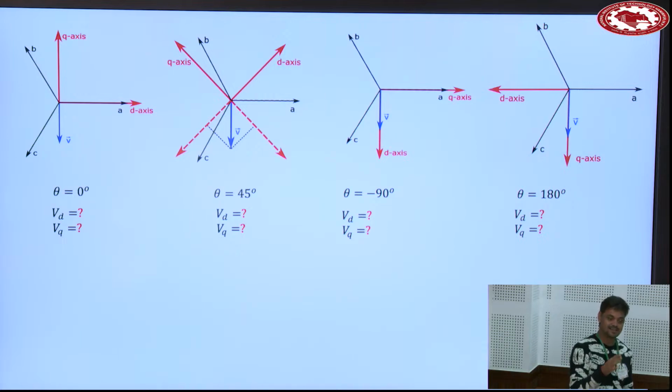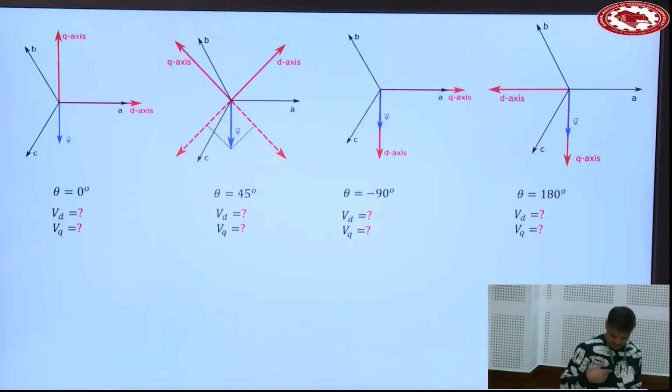PLL is actually used to find this theta information, which is utilized in the ABC to DQ transformation. For my purpose, I have made theta. Otherwise, if I am working with an external circuit, I have to sense the signal, use PLL, get theta, and then use it in my converter for the ABC to DQ transformation.